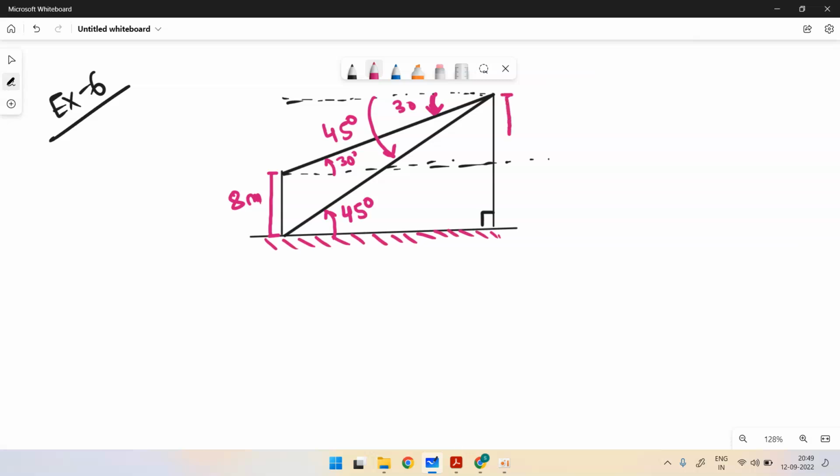This distance I need to find, and this distance also I need to find.